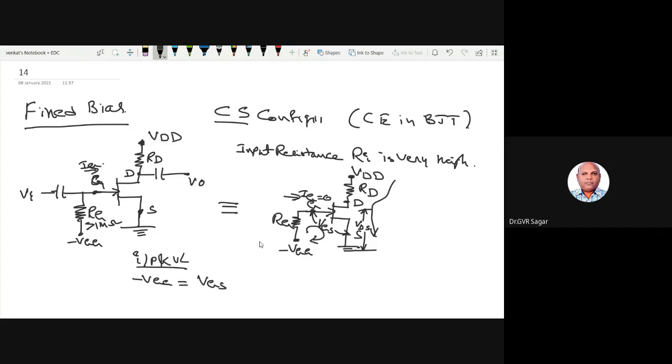Suppose this voltage is not given, sometimes this voltage may not be given, right? So at that time, we have to replace the circuit like this.